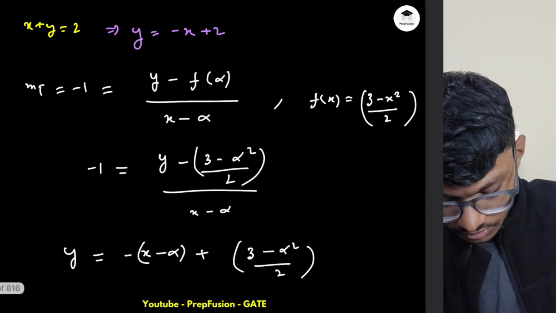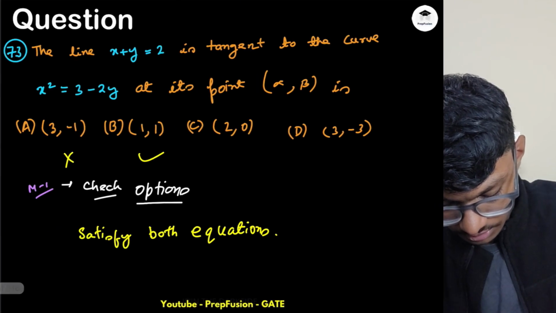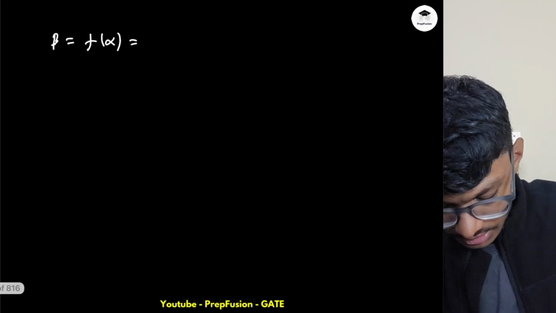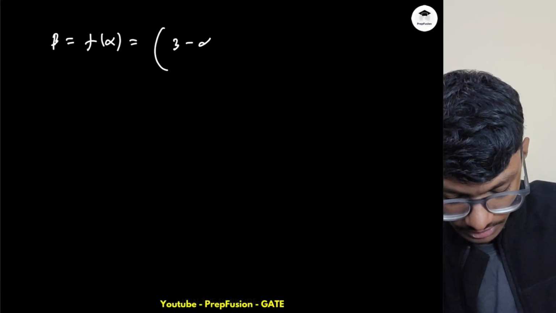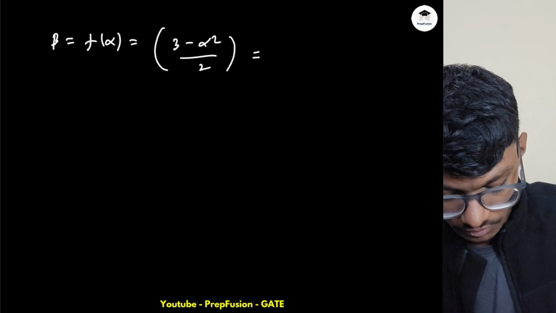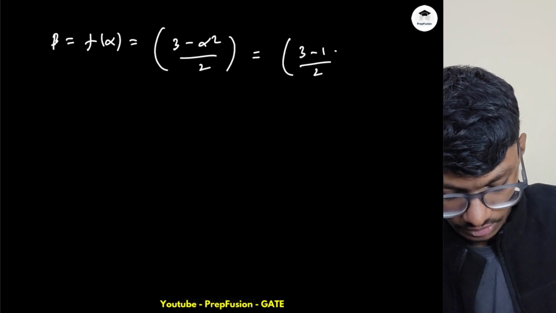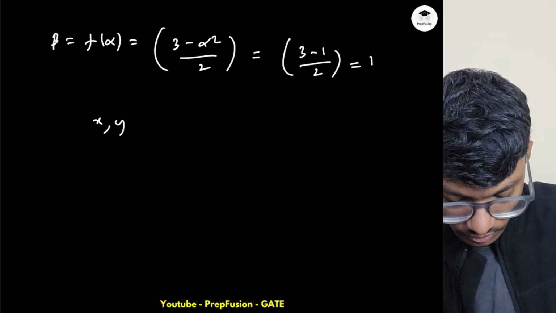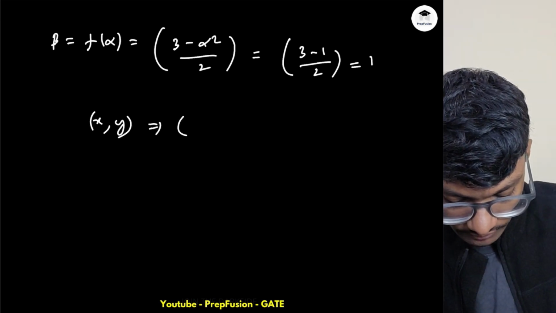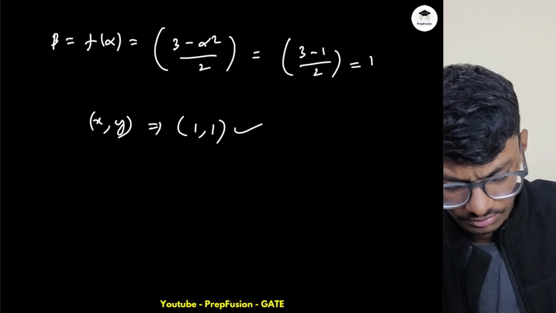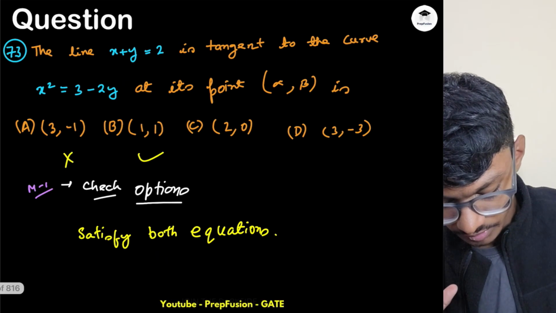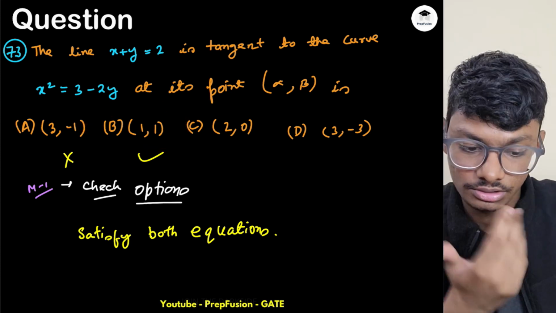I can put x equals 1 in this equation. f of x is here, that is 3 minus alpha square divided by 2, which is 3 minus 1 divided by 2, which is equal to 1. So (alpha, beta) equals (1, 1). Very simple, not much brain you have to use. The answer will be B. So this is how you solve this question.